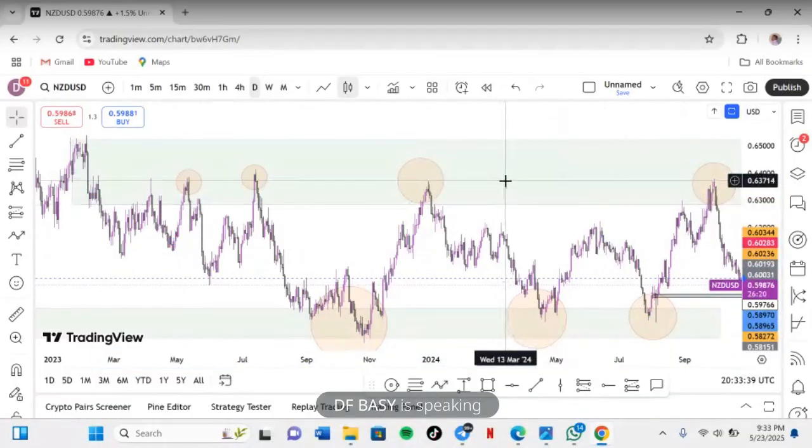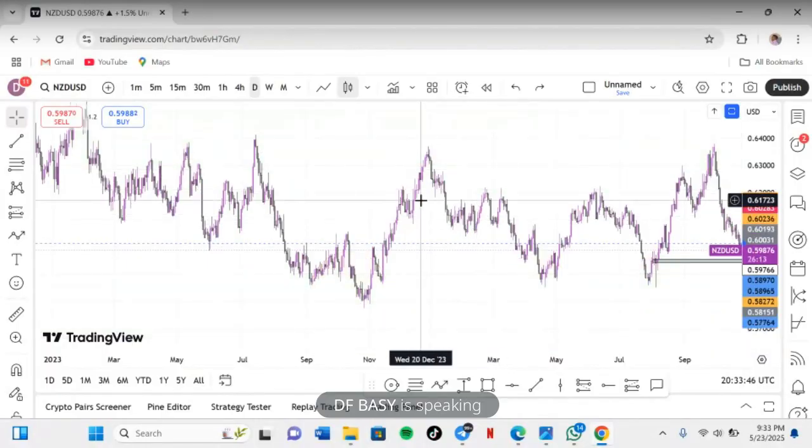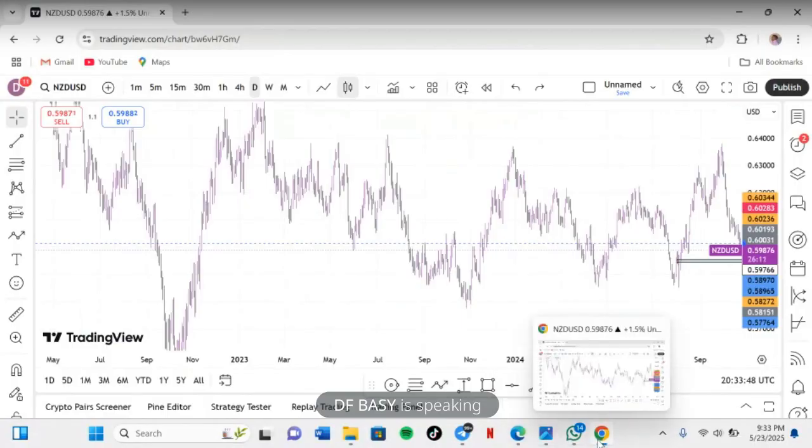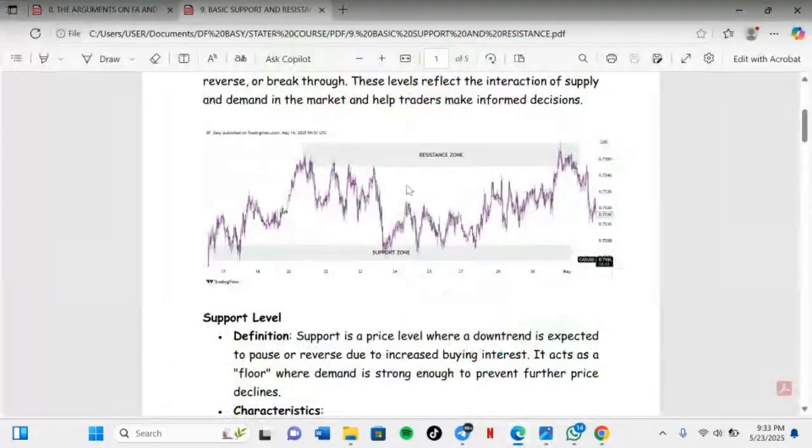So technically, a support is the same as a demand zone, while a resistance is the same as a supply zone, right? They both play the same role.